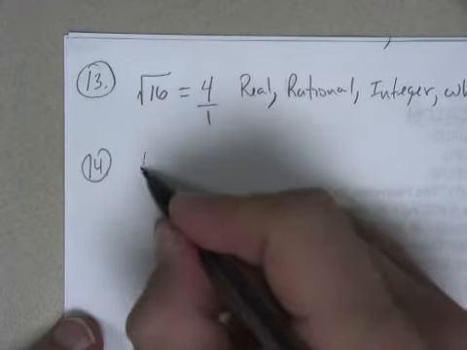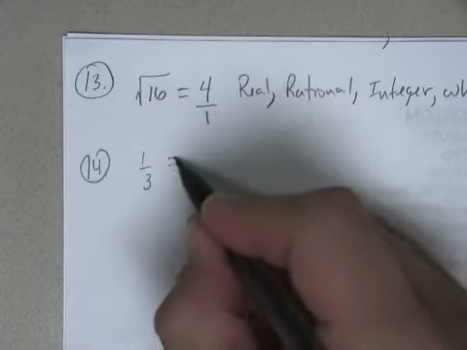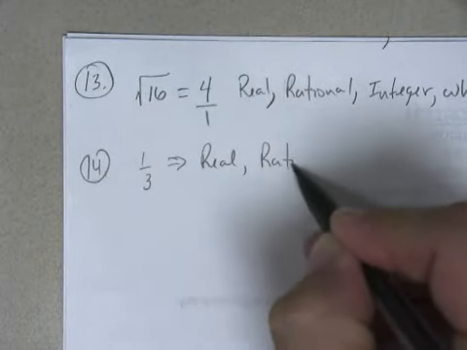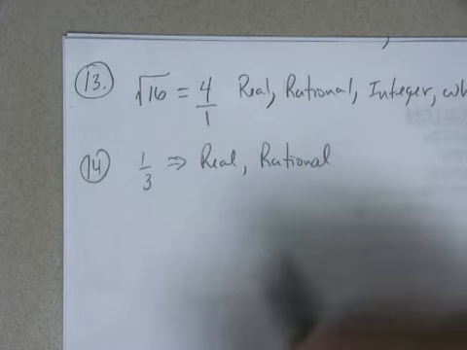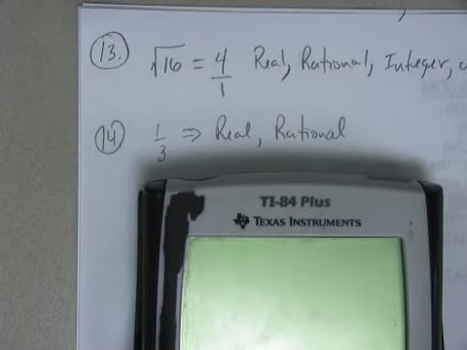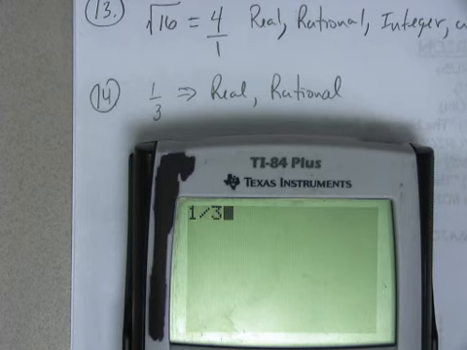Number 14 is 1/3. It's a number that we can think of, so it's going to be real. It is rational. Some of you might think, well, is it rational? Yeah, because watch what happens when I take 1 divided by 3 on the calculator.